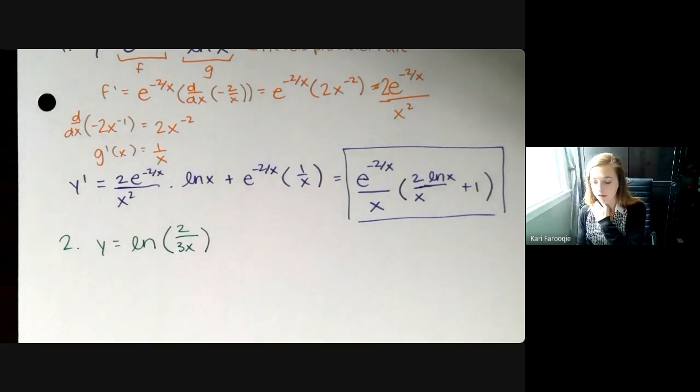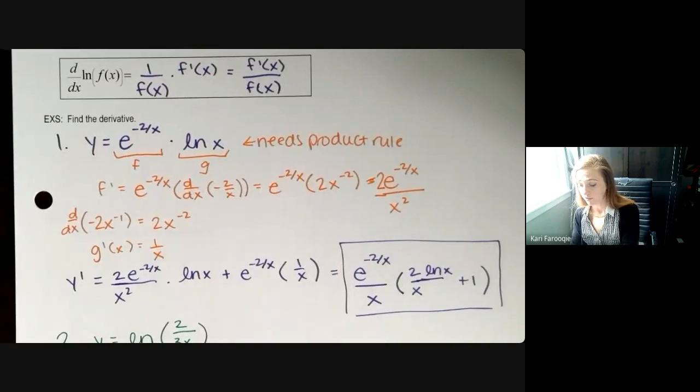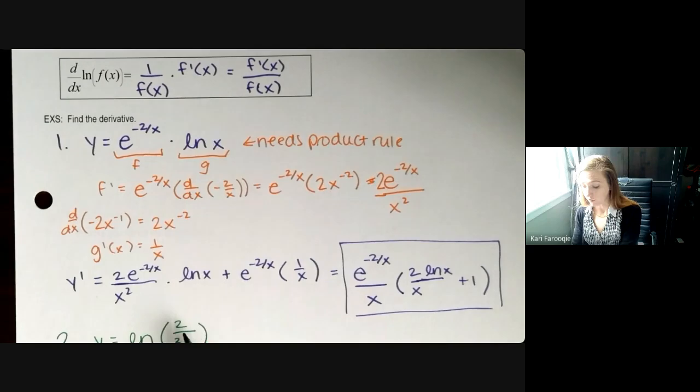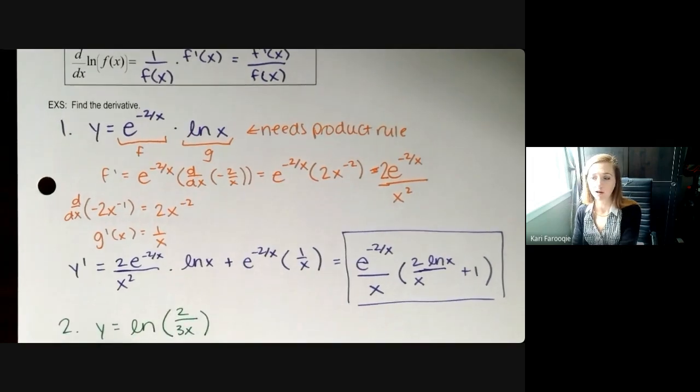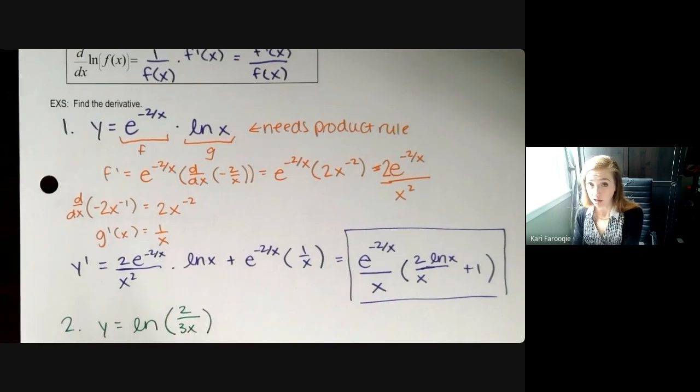Now, if you're thinking, okay, fine, we're taking the natural log of a function of x, notice that to do that, we have this rule that says we would take f prime divided by f. Well, that means the derivative would be the derivative of 2 over 3x divided by 2 over 3x. It's kind of messy. We can do it that way, but we can also rewrite this so that the derivative is a little bit simpler.